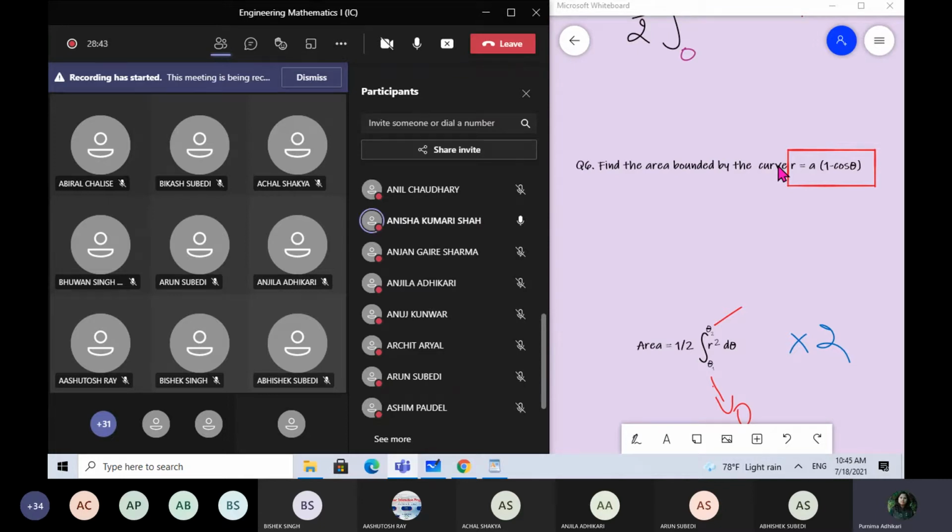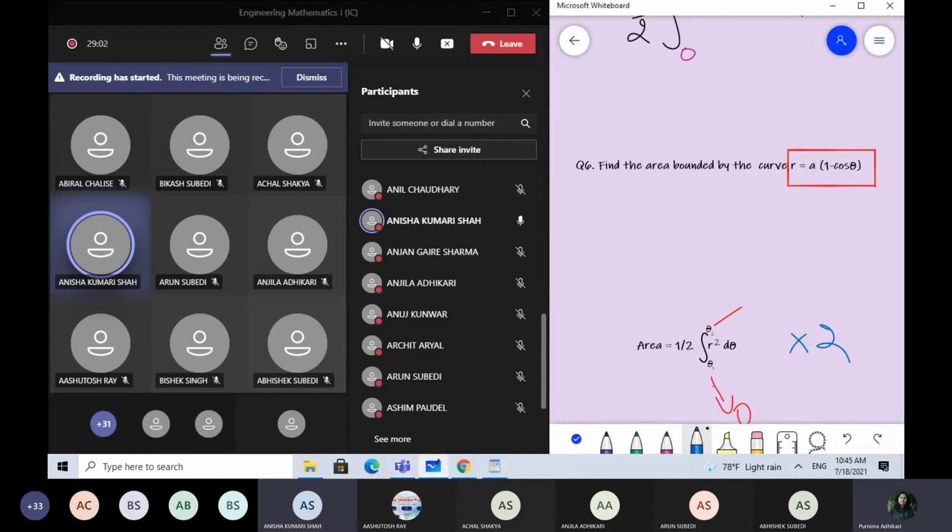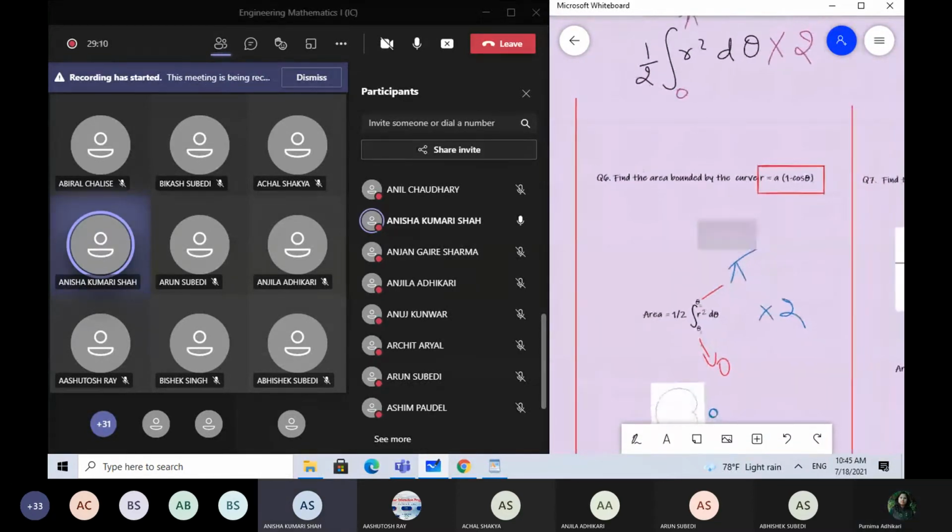Ma'am, 0 to pi. Take 0 to pi, and to get the whole curve multiply by 2. Yes, very good. And how did you know to take 0 to pi? You looked at the curve? It was a heart-shaped curve, that's why.